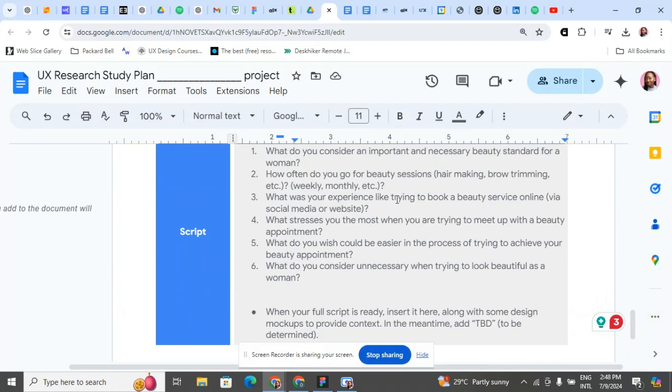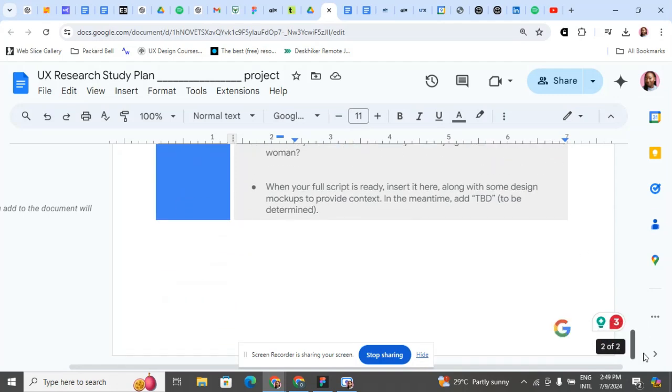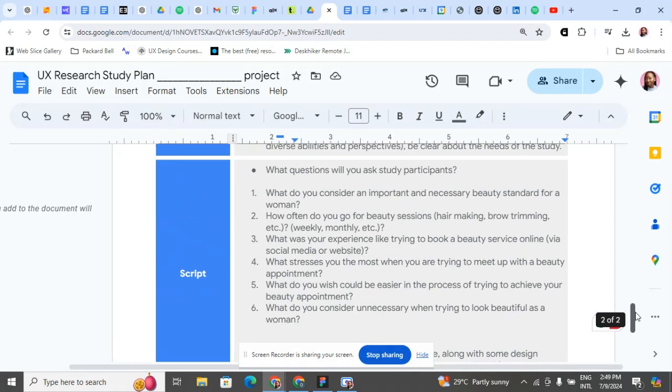If you ask, do you go to the salon, that's a yes or no question, and you're limiting what the participants can answer. However, when you ask what, how, why, who, you will notice that they open up to the questions, and thus they give more context.